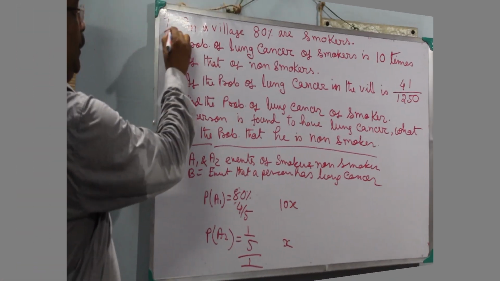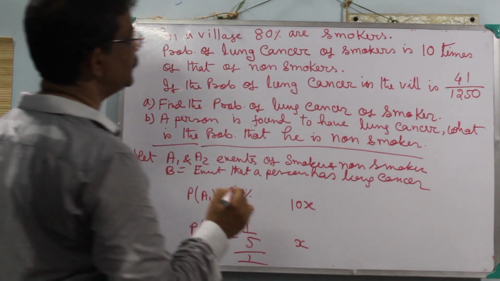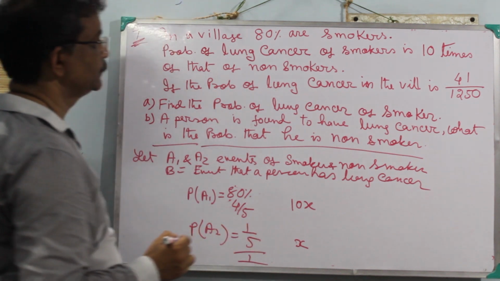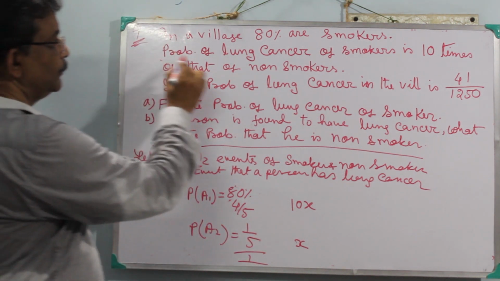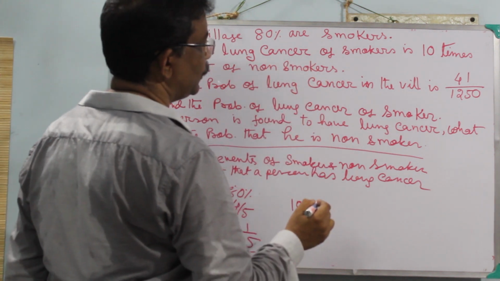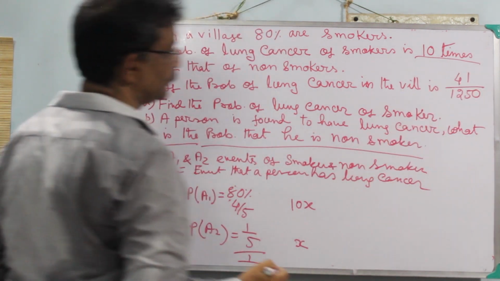Clear? Last problem. In a village 80% are smokers, so 20% are non-smokers.